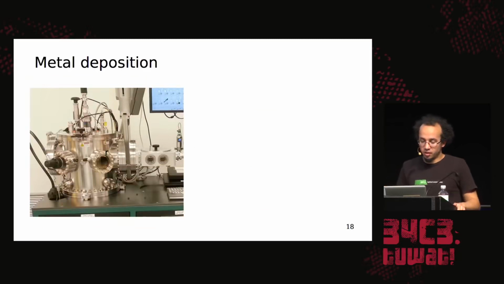Almost ready. You now deposit the actual connection layer. And this is the last piece of equipment that I'm going to show. So this is now again a vapor deposition device, but this time it's a physical vapor deposition. You load through this load lock here your wafer, transfer it into the process chamber here, and turn on the deposition.